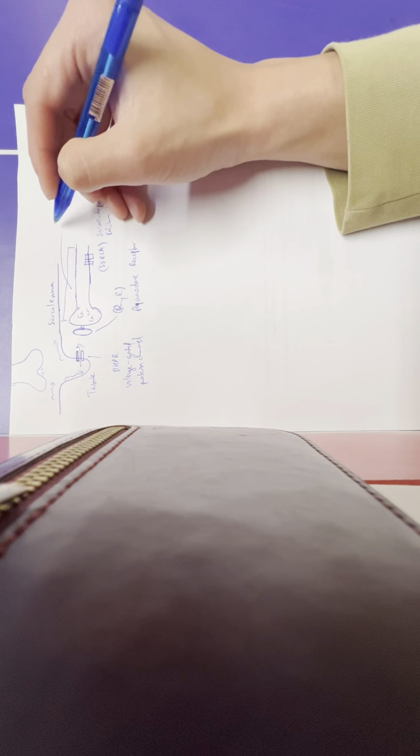That generates a new action potential in the muscle fiber, and the action potential travels along the sarcolemma and down the T-tubules to reach the sarcoplasmic reticulum. This entire bit right here is what we call the terminal cisternae of the sarcoplasmic reticulum.